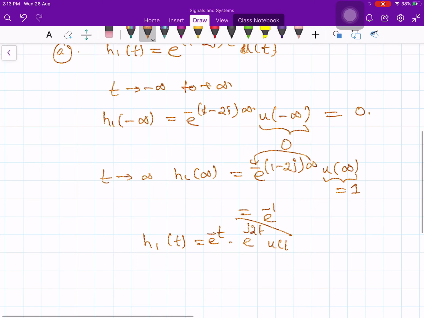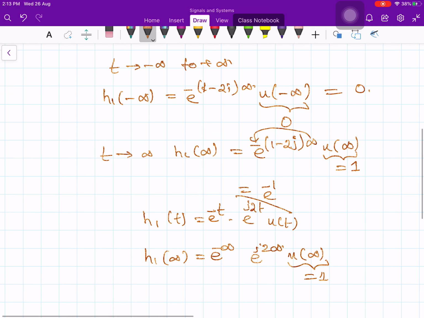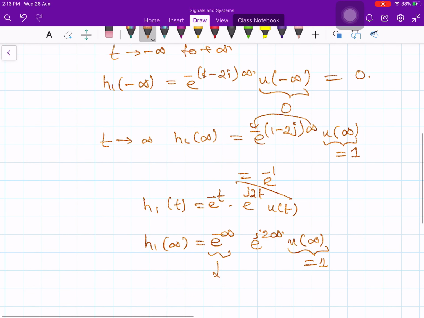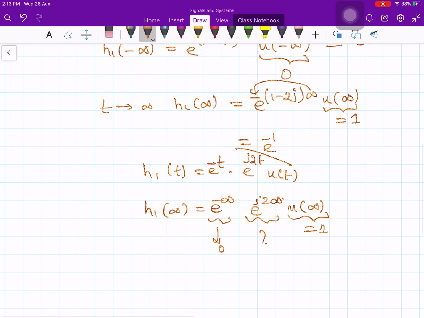So h1 of infinity is equal to e to the minus infinity times e to the j times 2 infinity times u of infinity. This is equal to 1, fine, and this one is equal to 0, fine. What about this guy, e to the j times 2 infinity? Infinity times anything is infinity, other than 0. So let me write e to the j infinity.